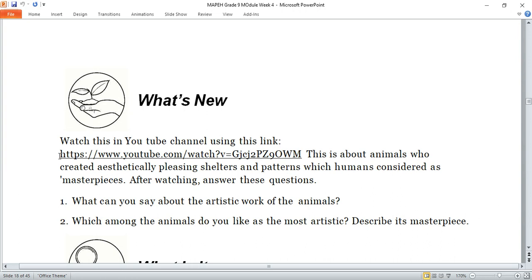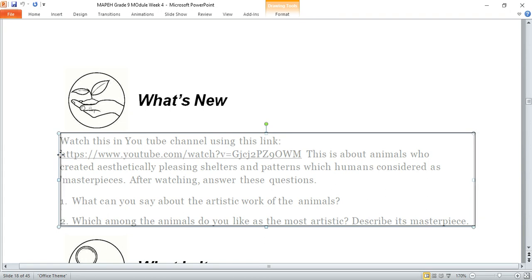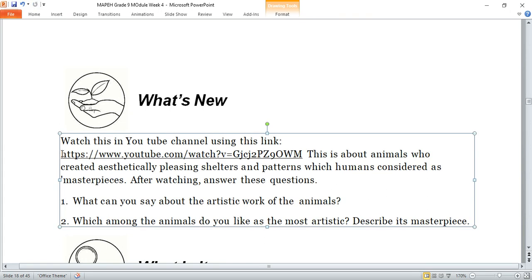So you can see this link in our description box. Number 1 question, what can you say about the artistic work of the animals? Number 2, which among the animals do you like as the most artistic? Describe its masterpiece.